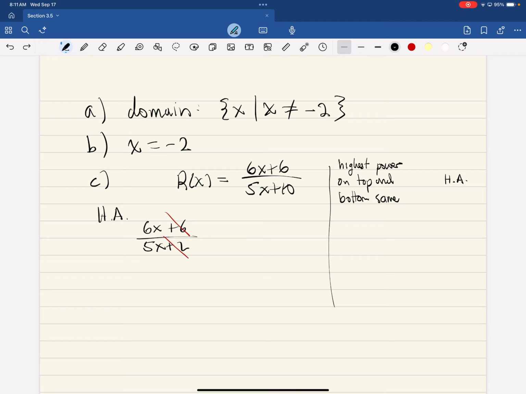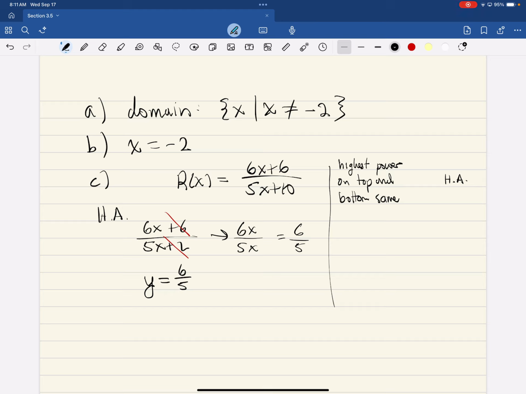It's going to start looking more and more like 6x over 5x as x gets really large, or 6/5. And so you're going to say that you have a horizontal asymptote at y equals 6/5, at that height of 6/5. So as x gets really large to the right or really large in the negative direction, it's going to approach just this ratio of the two coefficients on the highest power.